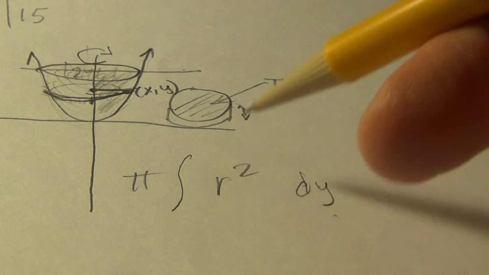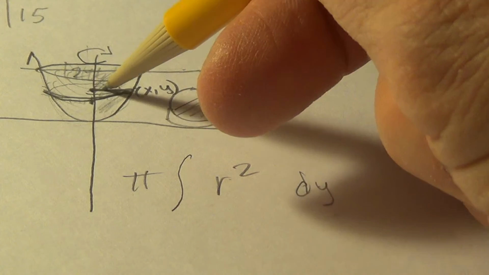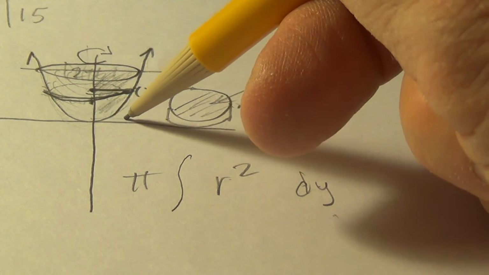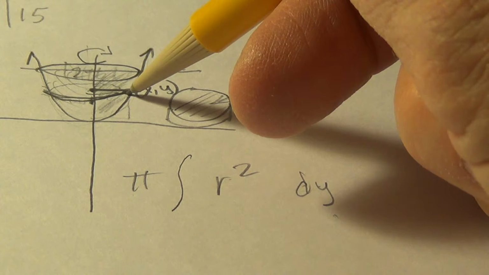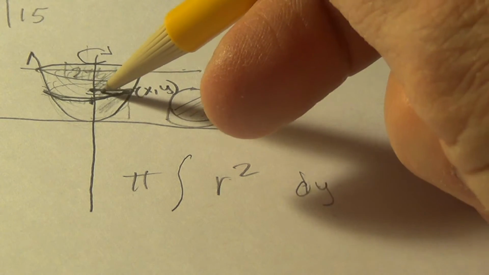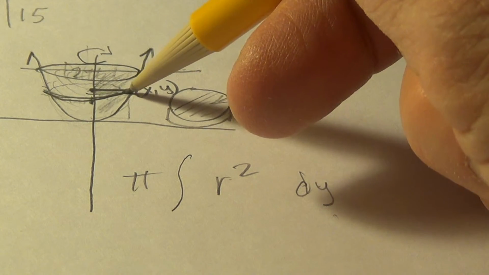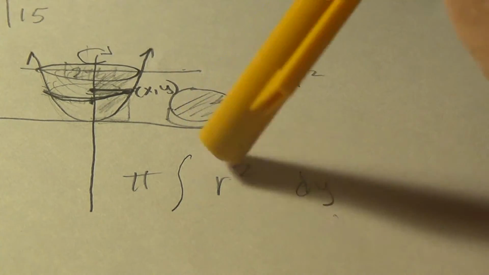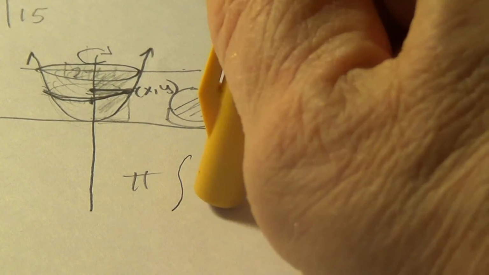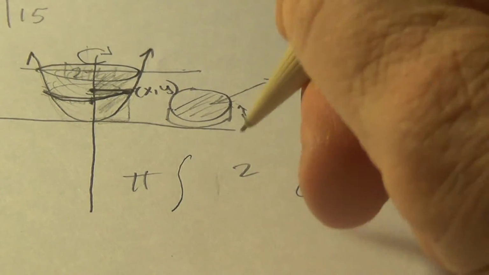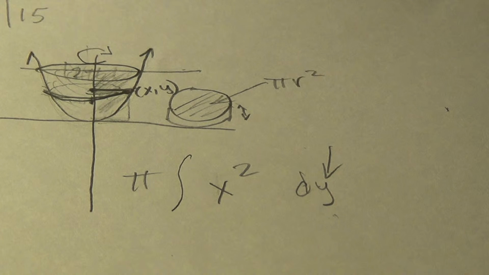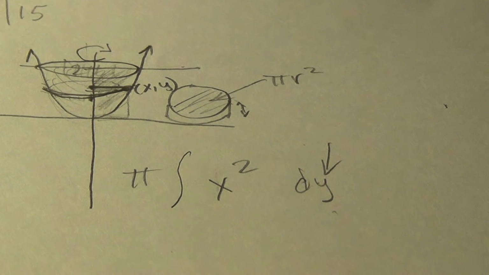Alright, so the radius I pictured right here, if I went over x and up y to get to this point, you'll notice that this radius is simply a mimic of this x value. So I can replace the r with an x squared. However, the boss here says I have to do this problem in terms of y.